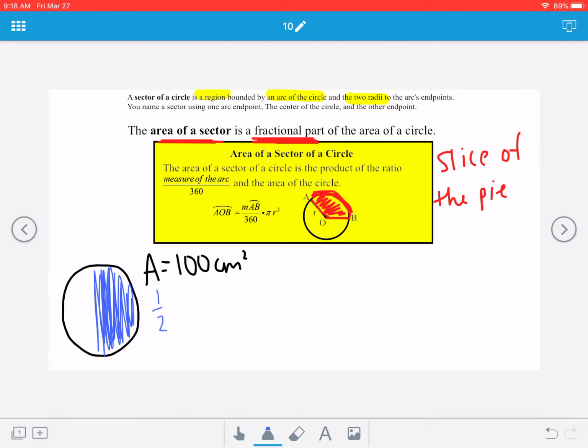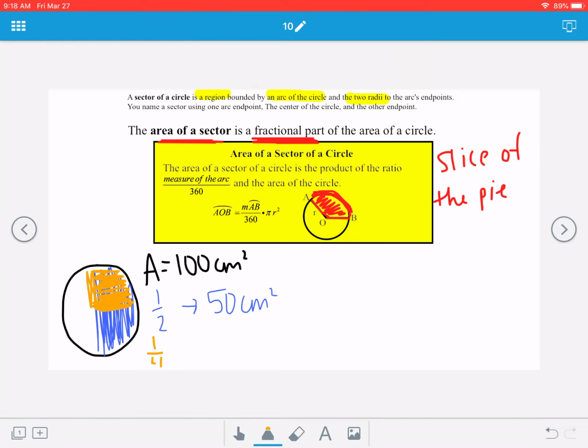So if the area of the entire circle is 100, then the area of half of it would have to be 50 centimeters squared. Let's say I shade in another portion of it. This portion in orange, by looks, that's about 1/4 of the circle. Well, if the entire circle is 100, then 1/4 of it would have to be 25 centimeters squared.